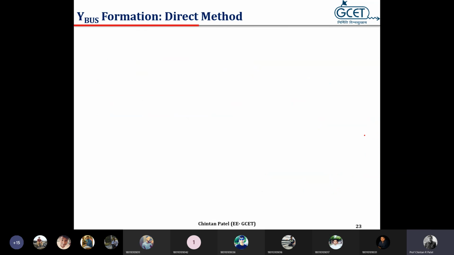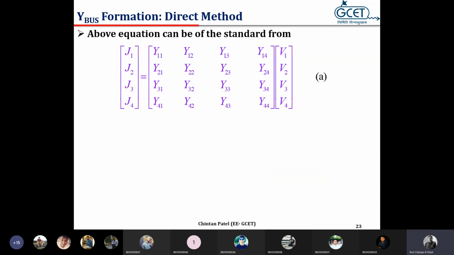So for this relation we can write in the simpler form, that J1 J2 J3 J4. Then the admittance matrix is written in terms of their location, that is Y11 Y12 Y13 Y14 and so on, and the voltage vector.